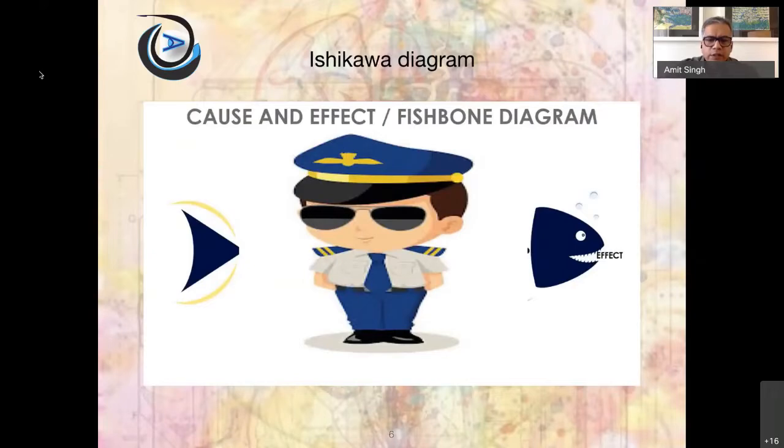So this is the smart pilot who has been caught in the cause effect fishbone. You have the pilot in between. So obviously he will be caught and punished. But if you follow Ishikawa, who was a Japanese designer, thinker from the engineering side, he made this cause and effect fishbone diagram, which is also called Ishikawa fishbone.